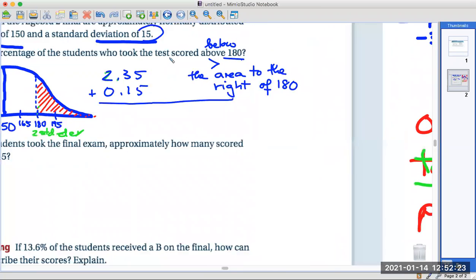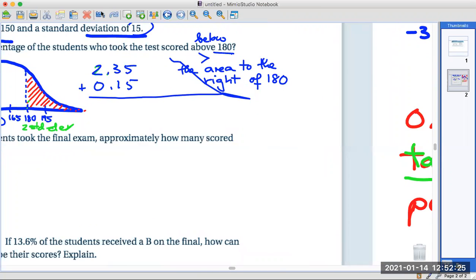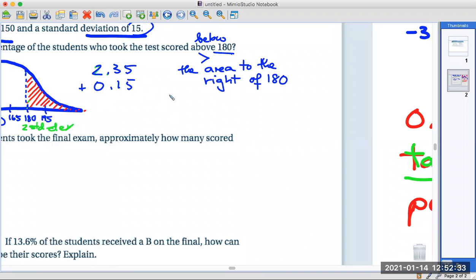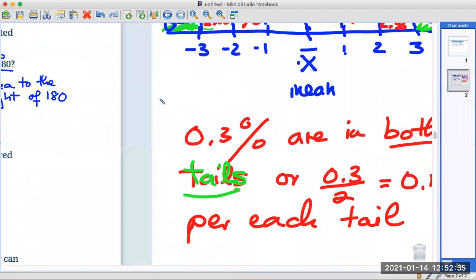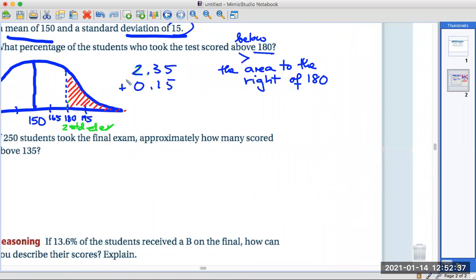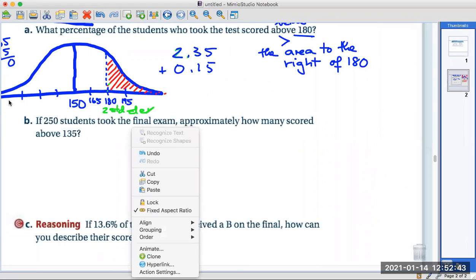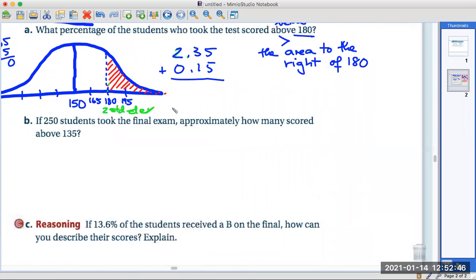My memory does not do well. Yes, I think it was 0.15. So those are the 2 areas, this one and then the little tail that has something like outliers. Maybe somebody had an extremely high score that would fall in the tail.